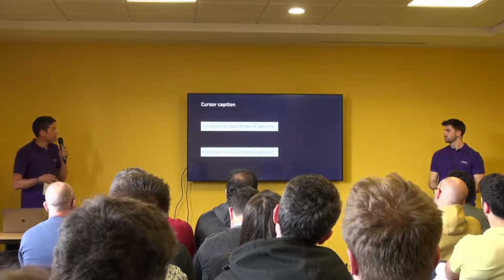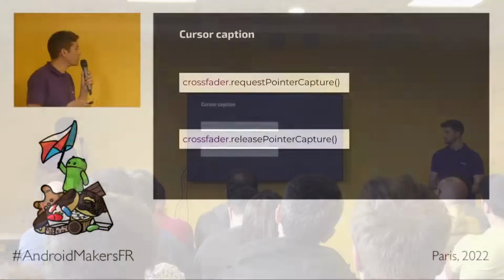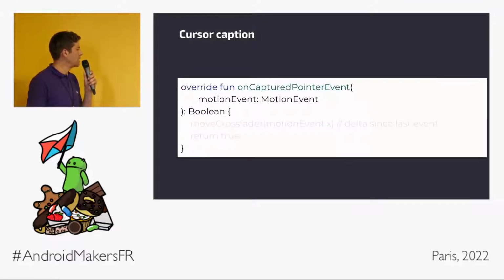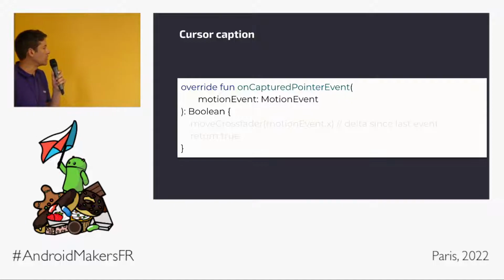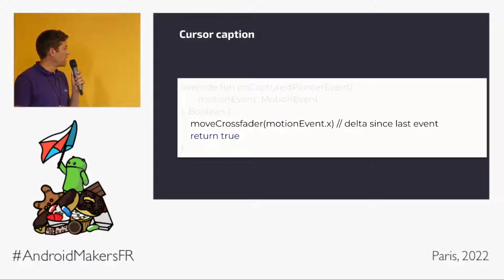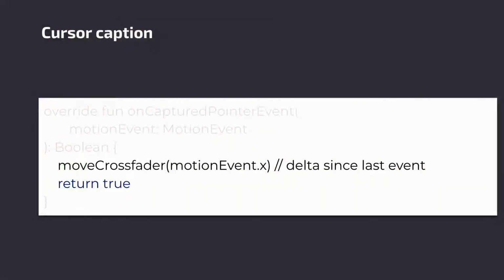So to start this mode, the custom view has to call requestPointerCapture, and to release it, releasePointerCapture. The custom view must also override onCapturedPointerEvent. And we have to be careful, because here the motion event's coordinates are not coordinates of the pointer on the screen.